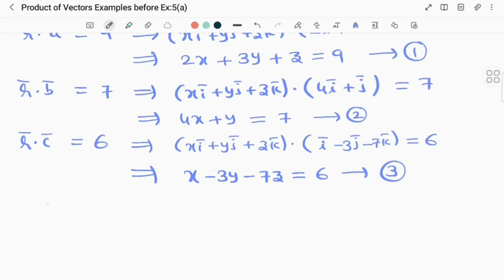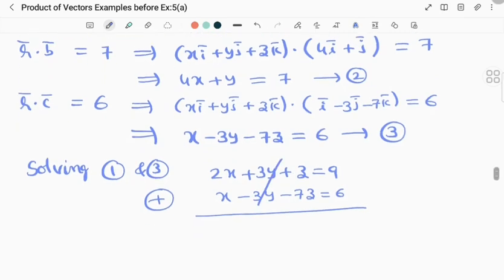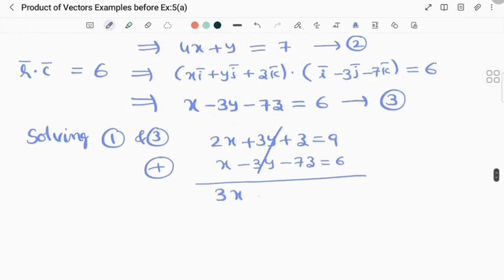On solving, here students, solving 1 and 3. So 2x plus 3y plus z equal to 9. x minus 3y minus 7z is equal to 6. Just I am adding these two. So 3x minus 6z is equal to 15.